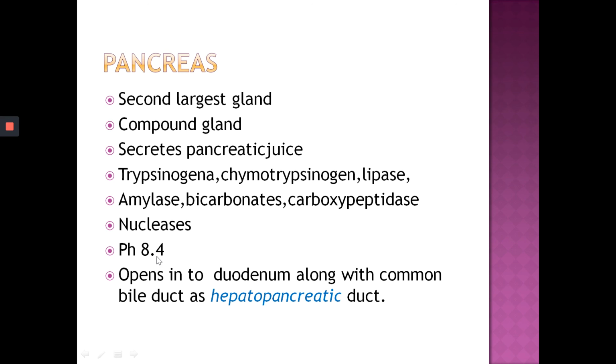Pancreatic juice is alkaline in nature. You observe that gastric juice is acidic in nature, while the juices from the intestine are alkaline in nature. Pancreatic juice also contains bicarbonates. These bicarbonates neutralize the acid present in the food which comes from the stomach.